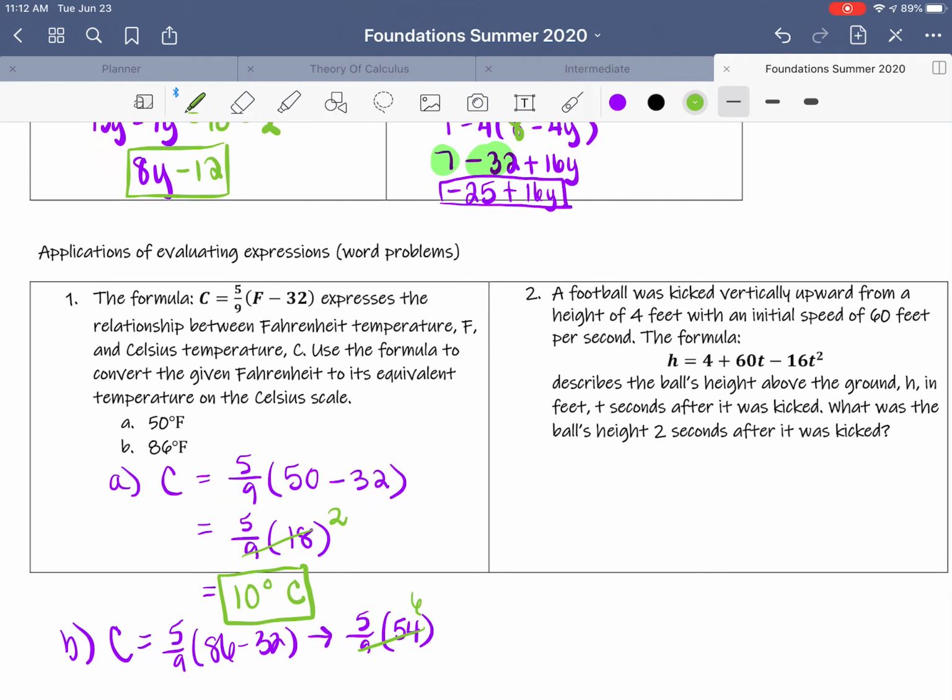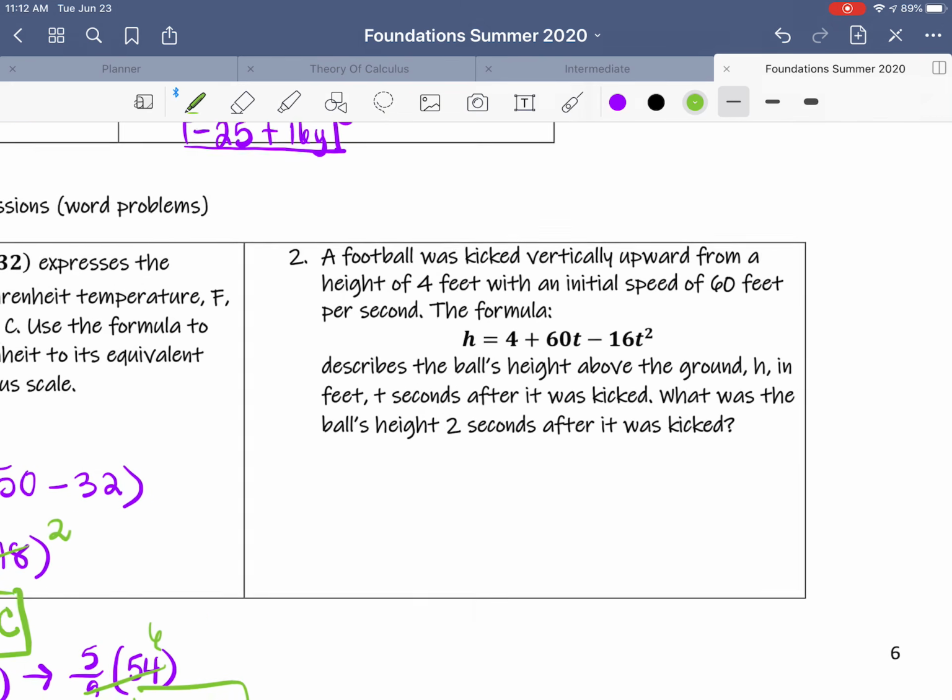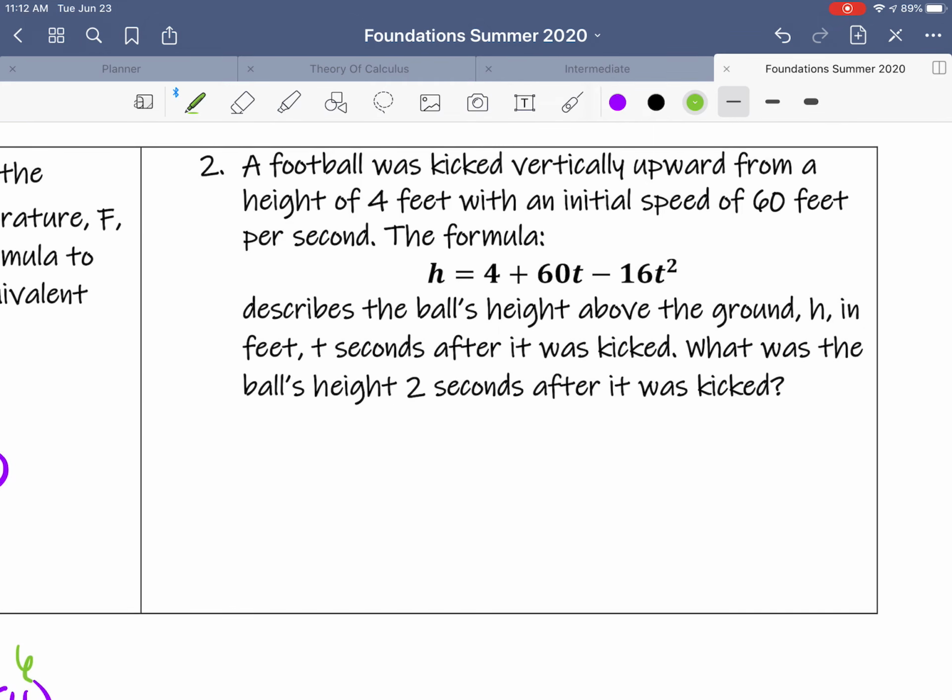That reduces, and we end up with 30 degrees Celsius. So if you're in a place where you use Celsius and you're used to Fahrenheit, then you know how to convert it. You could probably also use Google. But let's pretend like you don't have Google.